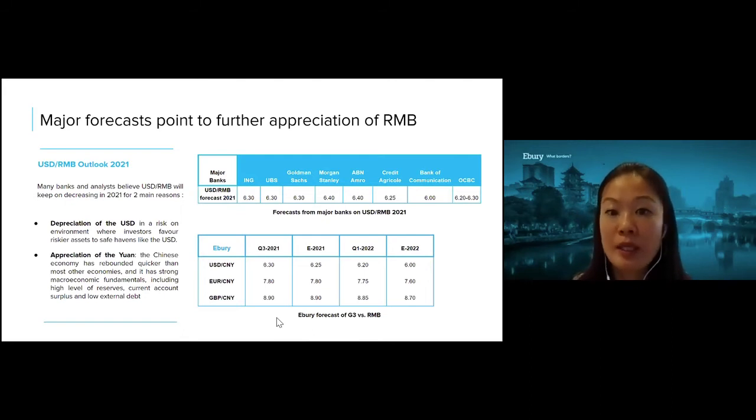Actually, what the analysts at IBRI are forecasting is that by the end of this year, dollar RMB could go as low as 6.25, which is the level that it was in April 2018. And by the end of next year, dollar RMB could be as low as 6.